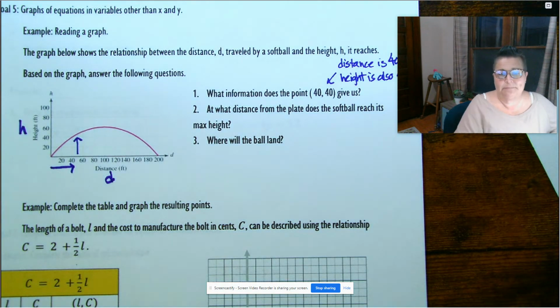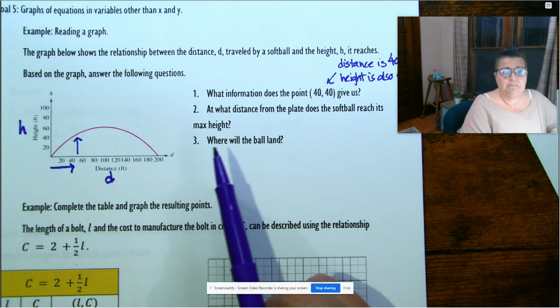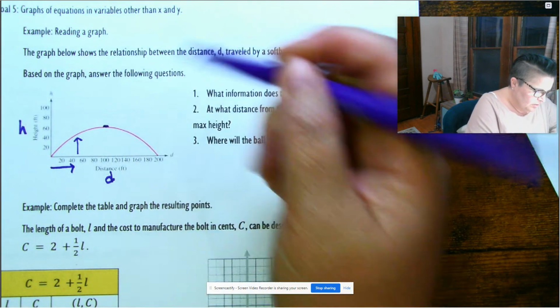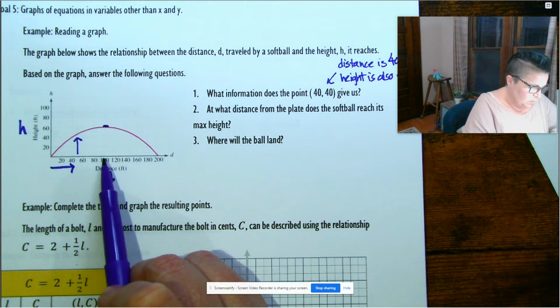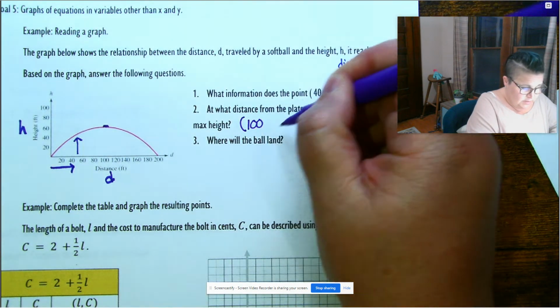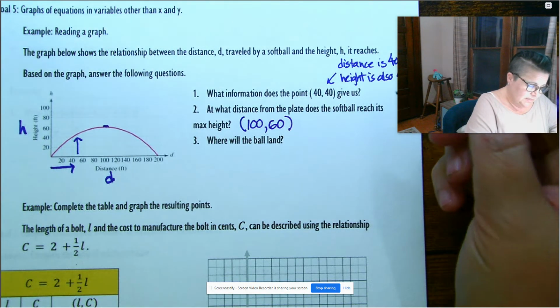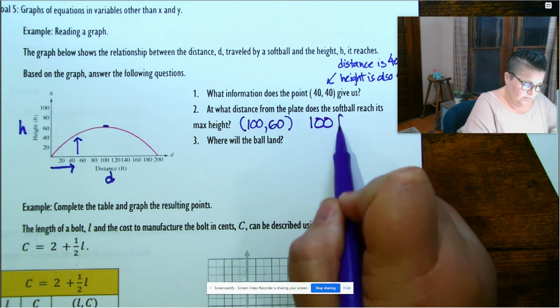No big deal. At what distance from the plate does the softball reach its max height? So the max height is right about here. And it appears that the distance has to be 100 for the height to be 60. So the distance from the plate is 100 for the height to be 60. At what distance from the plate? That's 100 feet.